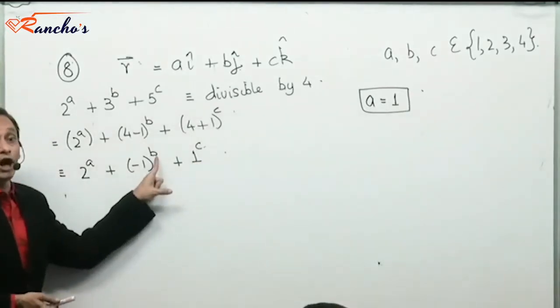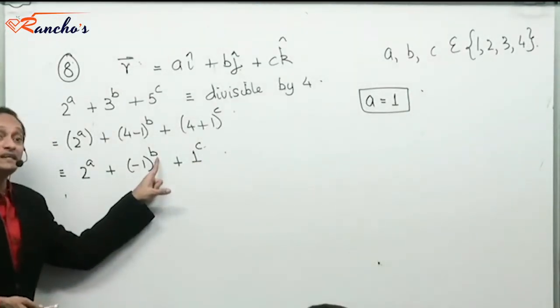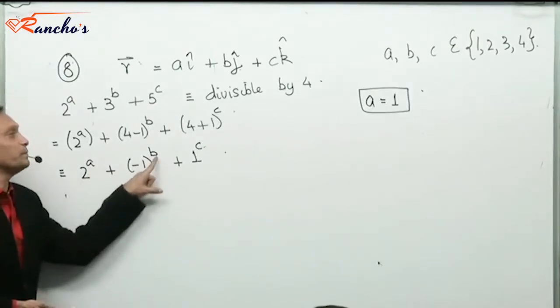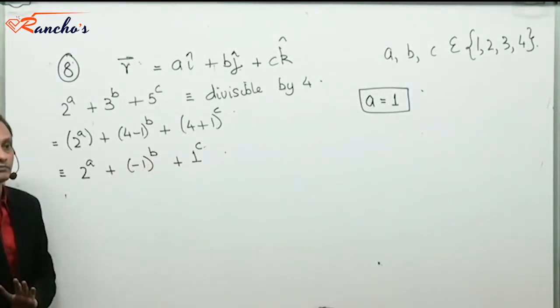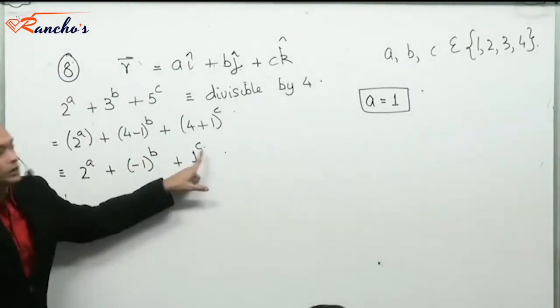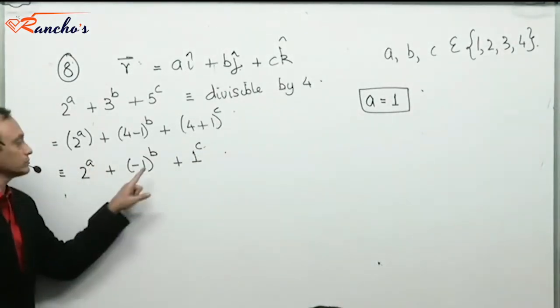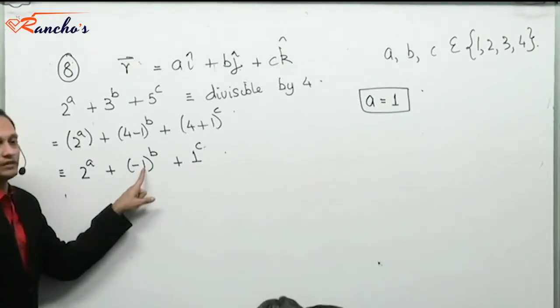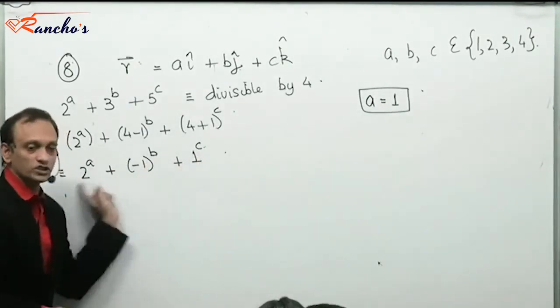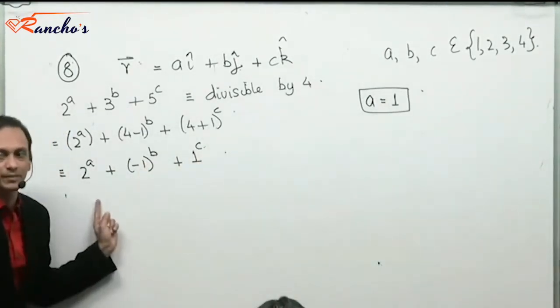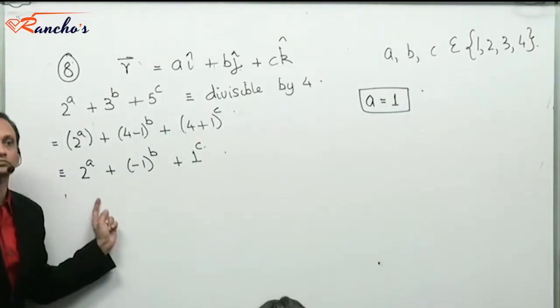So b cannot be odd. B has to be even. If a is 1, then b has to be even. And c can be anything. Because if a is 1, this will become 2. And if b is even, this will become 1 plus 1. So this will become 4 and it will be deemed divisible by 4. Yes or no?